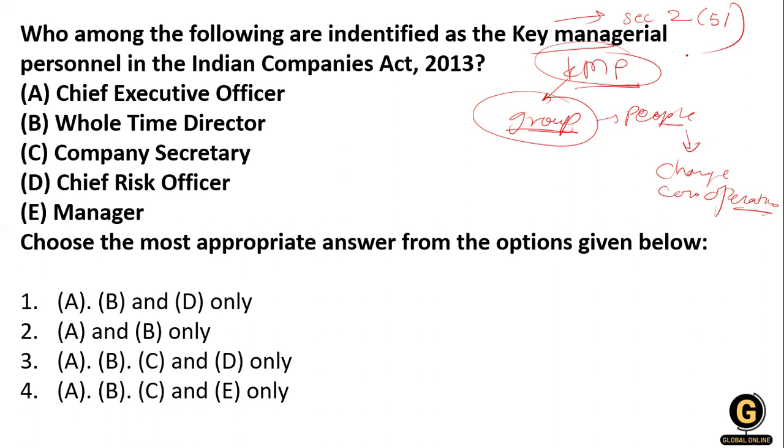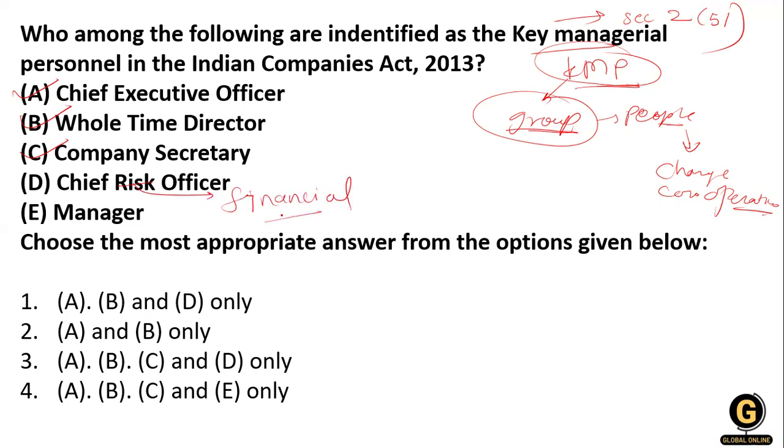Now, who is the key personnel of the company? Who is identified? The Chief Executive Officer is a key person of the company. The company secretary is also a key person. The whole time director can also hold the position of key personnel.